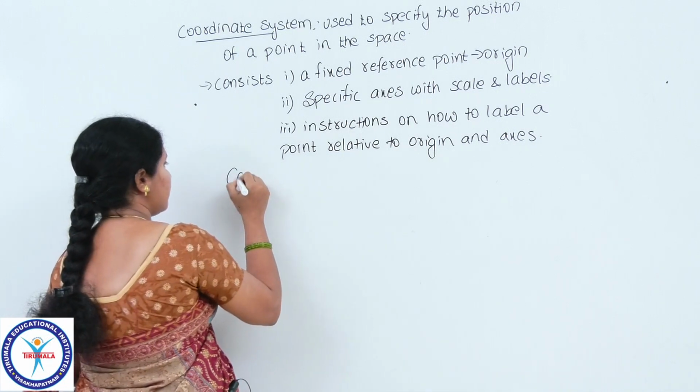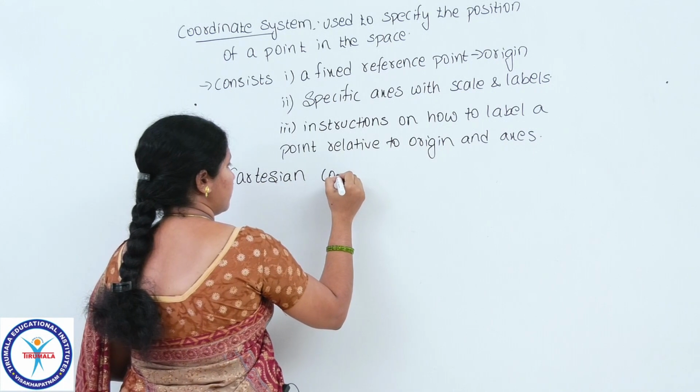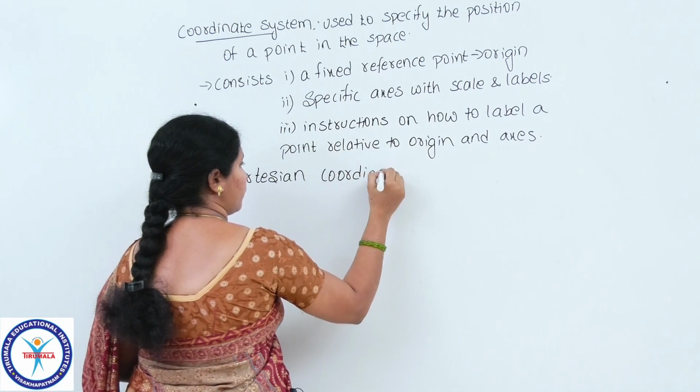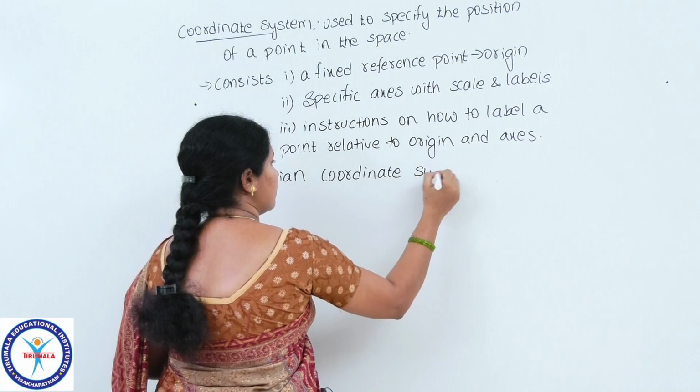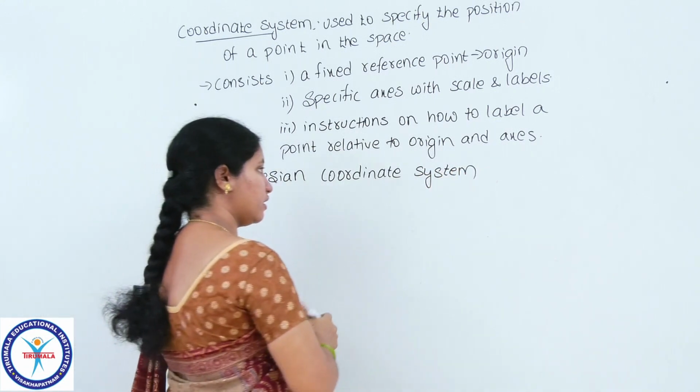Next, we are considering the Cartesian coordinate system. This Cartesian coordinate system is also known as rectangular coordinate system.